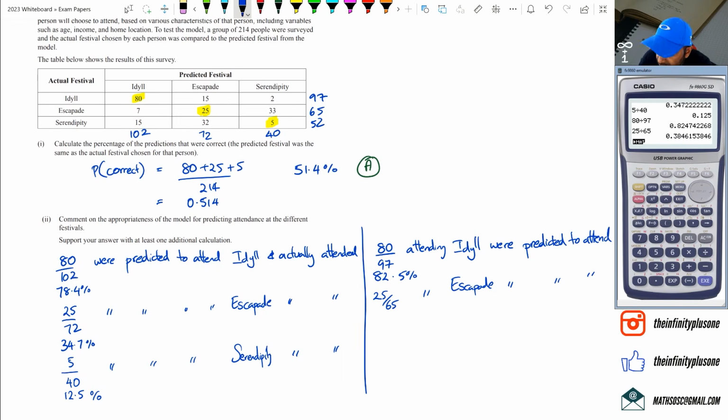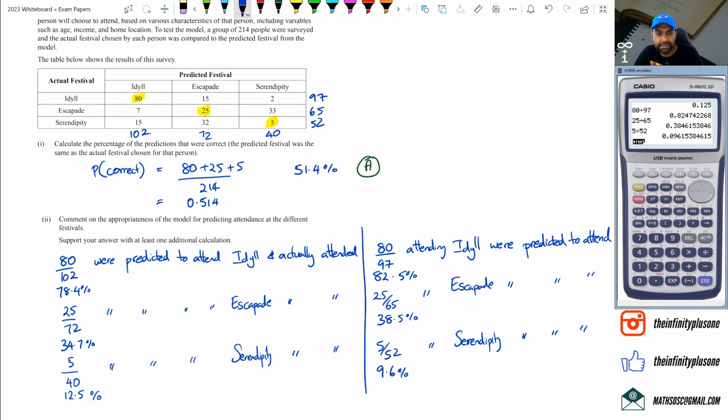So 25 out of 65 is 38.5%. And then finally we've got 5 out of 52 who attended Serendipity and were predicted to attend. So 5 out of 52 is around 9.6%.